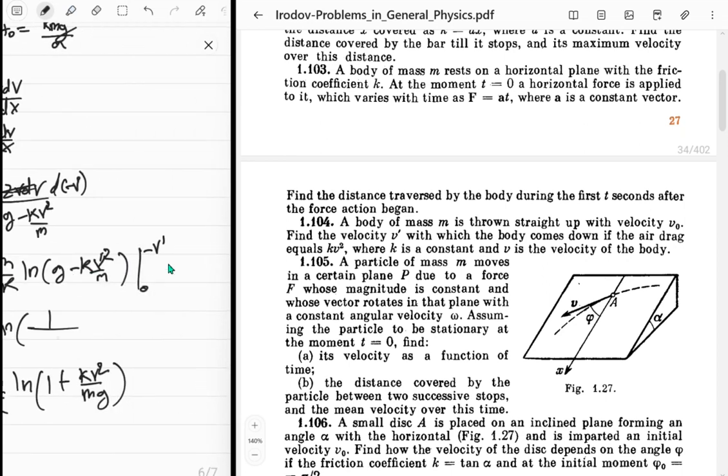So 1 upon g minus, well, that g is gone anyway. Just divide by that. So 1 minus k v dash, call this v1 because that's easier to write.